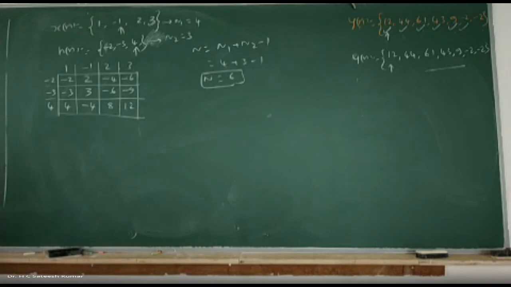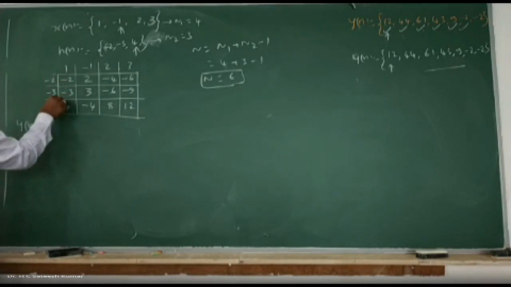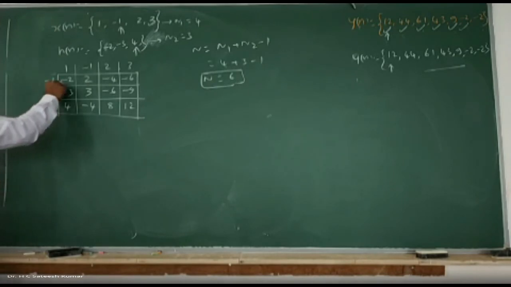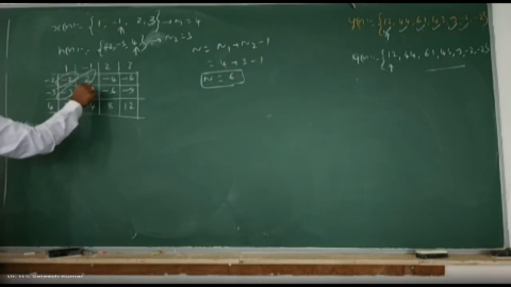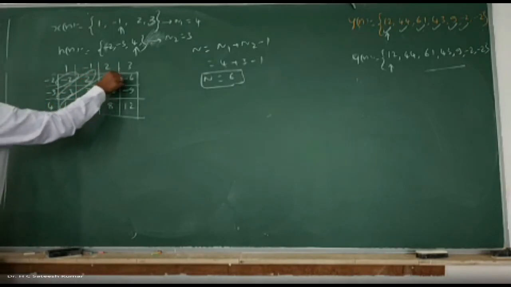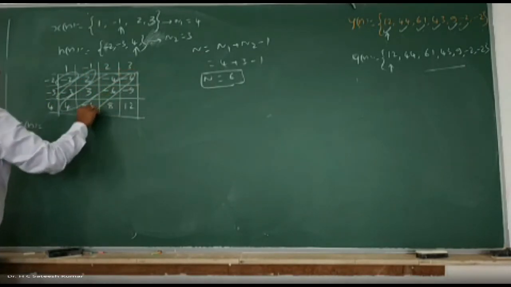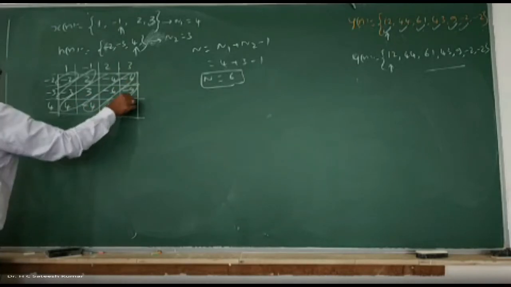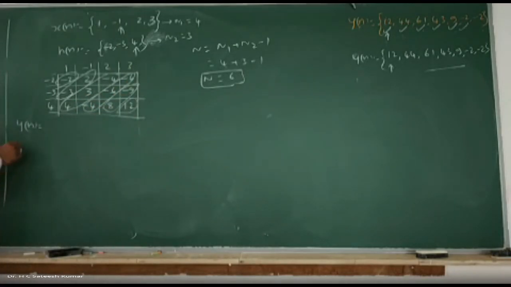So add them. y of n is equal to, group and add them. That's how we should do it. First one is minus 2, and this one is minus 3 plus 2, which is minus 1.